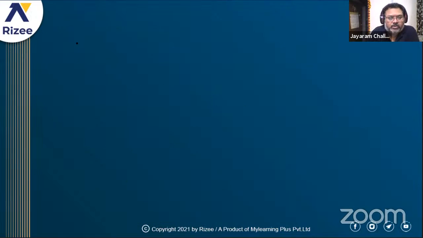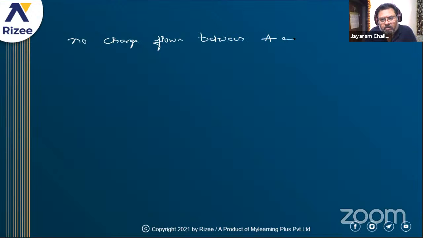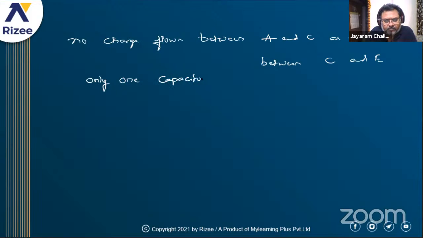So in this case, no charge flows through or flows between A and C as well as between C and A. So only one capacitor is active.